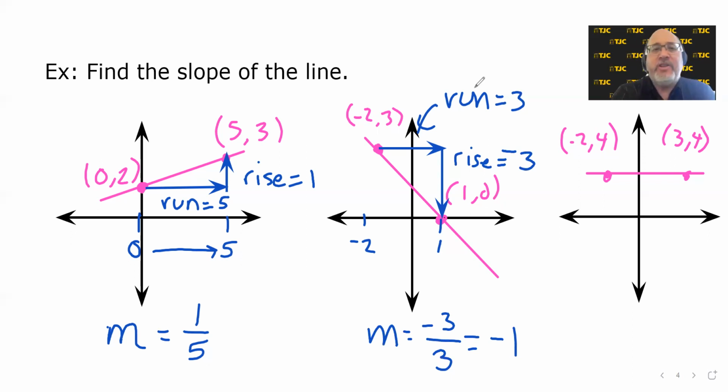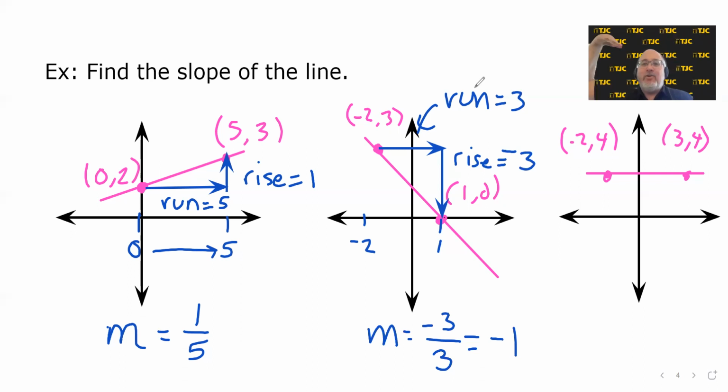Now, earlier, if you said the first line had a positive slope and the second one had a negative slope, then you've got a good intuitive feel about what it means for a slope to be positive or negative. But in general, if a line is increasing from left to right, then it will have a positive slope.